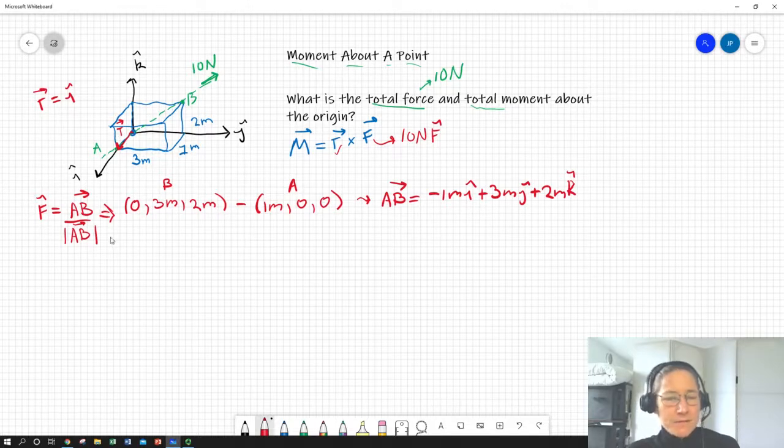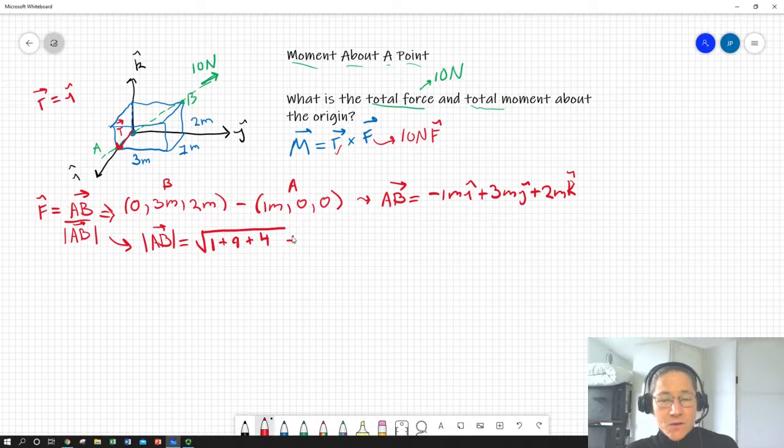And then the length of AB, we can use Pythagorean theorem. 1 plus 9 plus 4, square root of 14. And these are all meters squared. So square root of 14 meters squared.